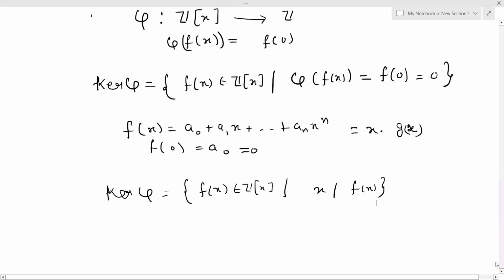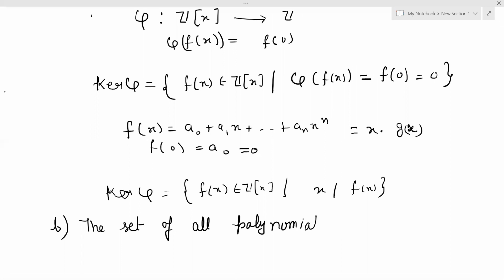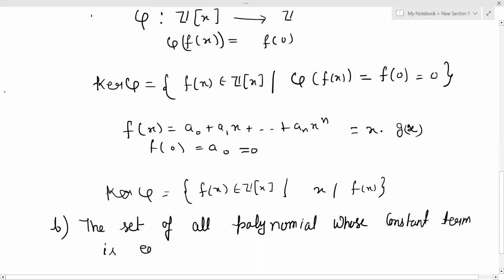Okay, the second part: the set of all polynomials whose constant term is equal to 1. So tell me, is this an ideal or not?